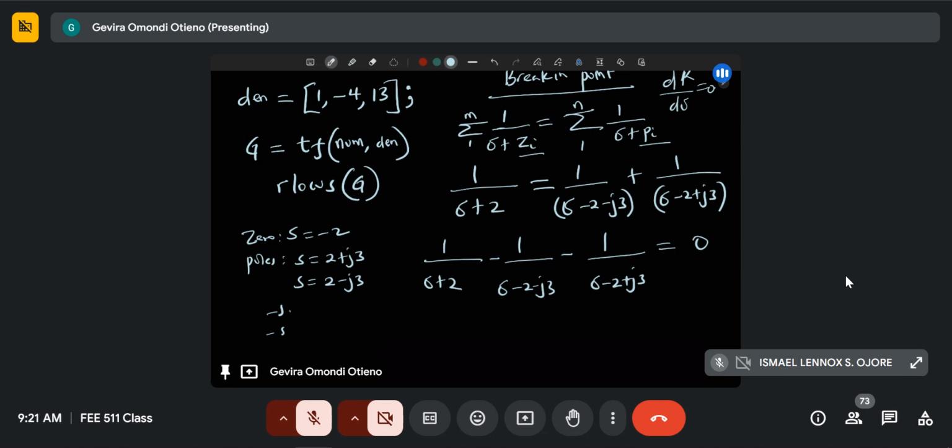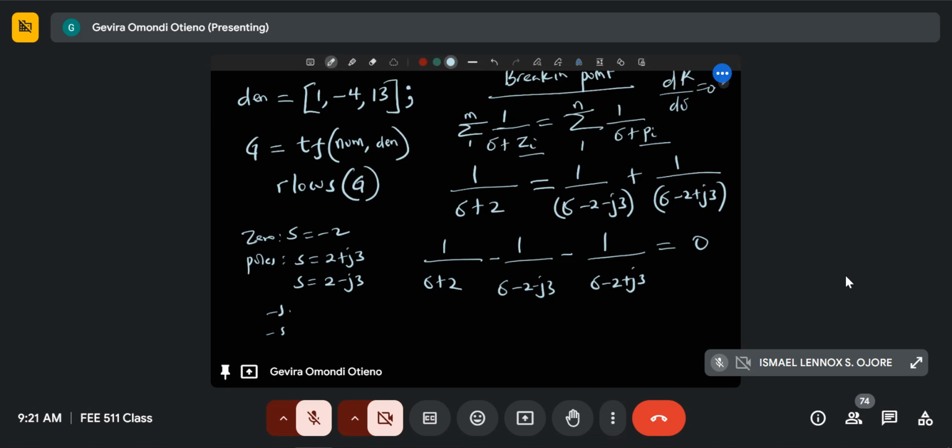Just a minute. 1 over sigma plus 2 minus 1 over sigma minus 2 minus J3 minus 1 over sigma minus 2 plus J3, where J is simply the square root of -1.